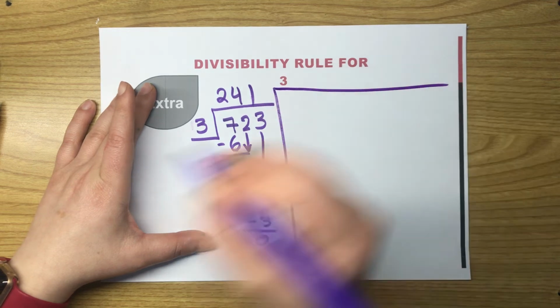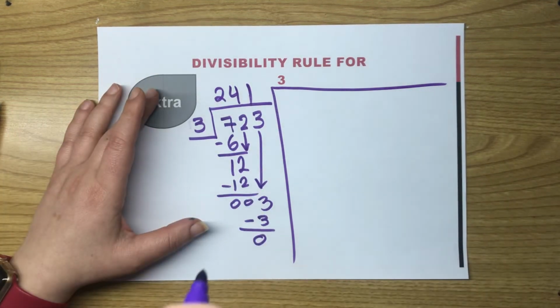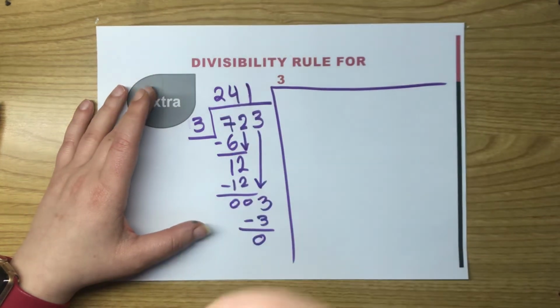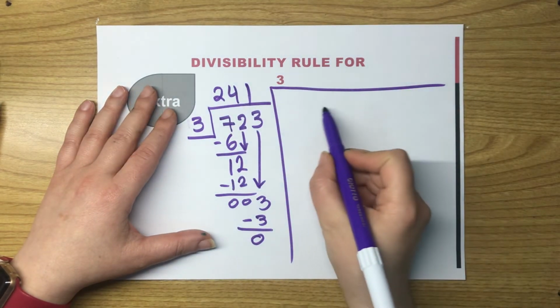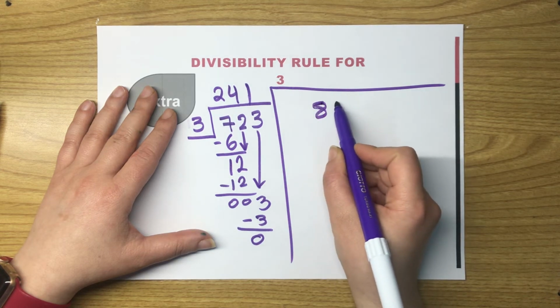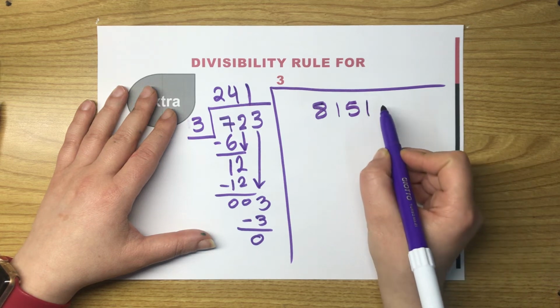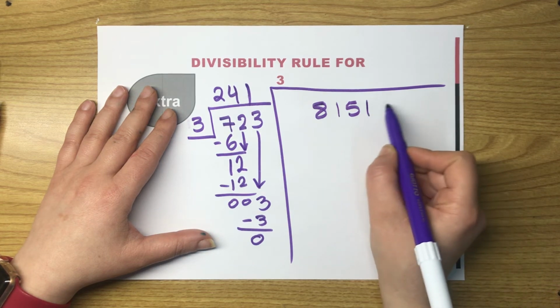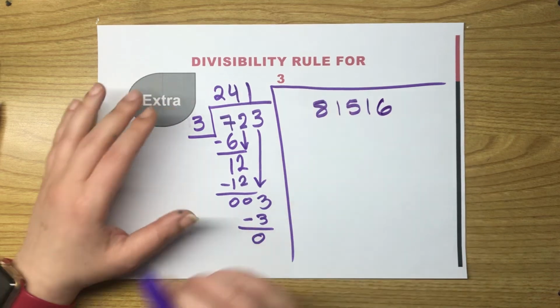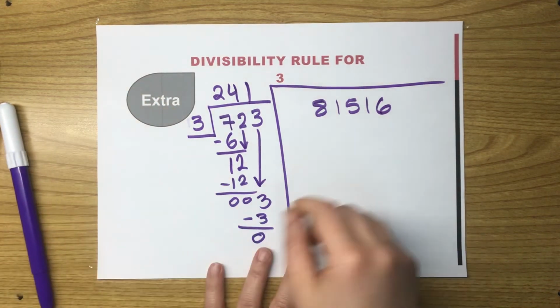The divisibility rule of 3, I'm going to give you an example, and you are going to know it right away. I'm going to take 81,516. This number is divisible by 3. Do you know how?